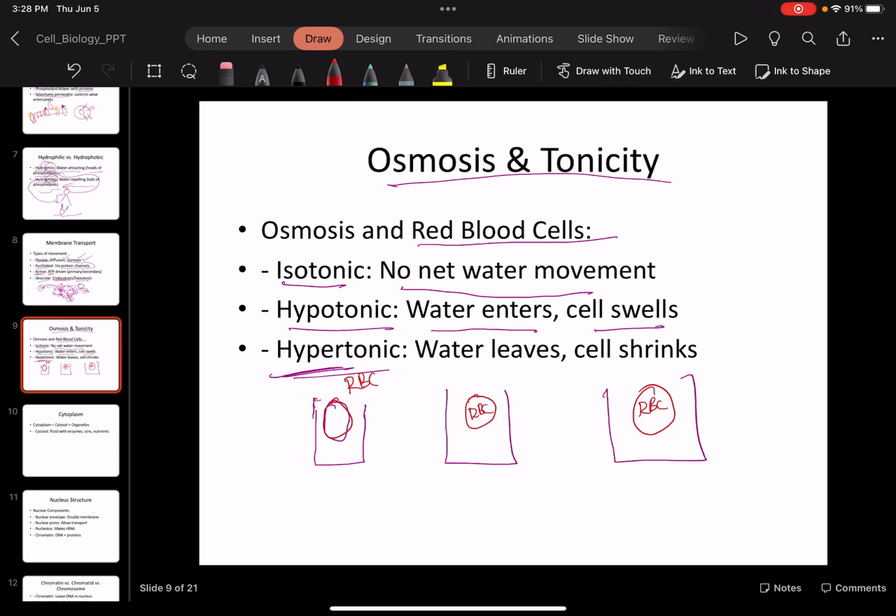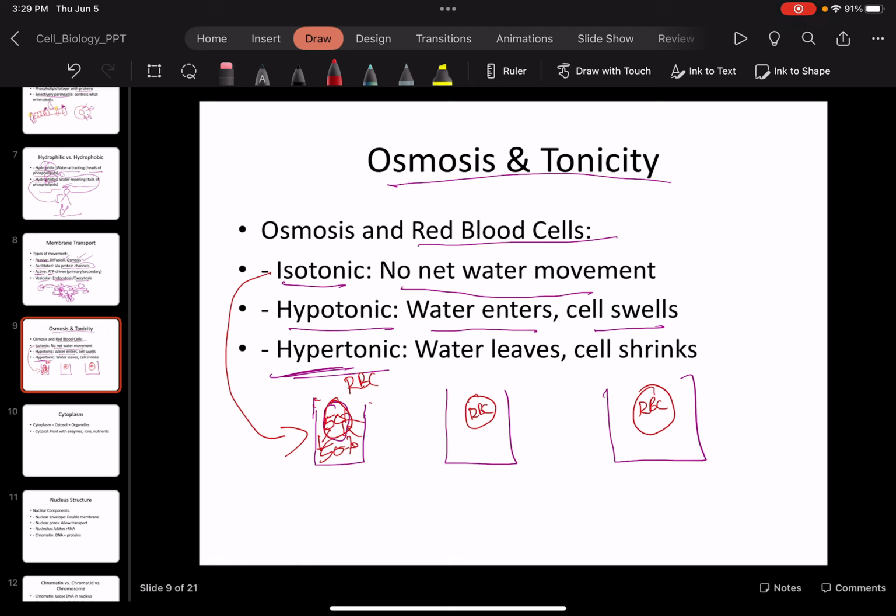This is inside the water. The liquid, whatever the solution, has 50% concentration. Also inside the cell, it's 50% concentration. That means they both have the same concentration, so the net water movement has to be equal. Water will go in and out easily, so nothing is going to happen. This is called an isotonic solution.